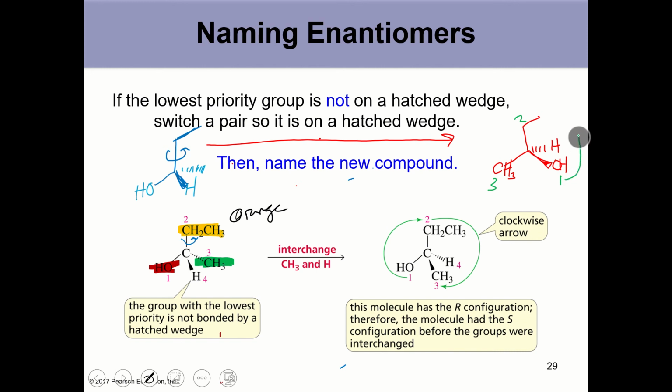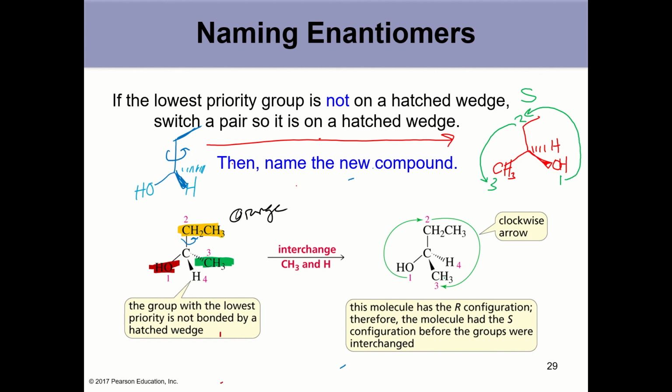If we draw an arrow from 1 to 2, and then from 2 to 3, the direction is counterclockwise, or S. That would be one method of determining the configuration rather than switching group 3 and group 4.